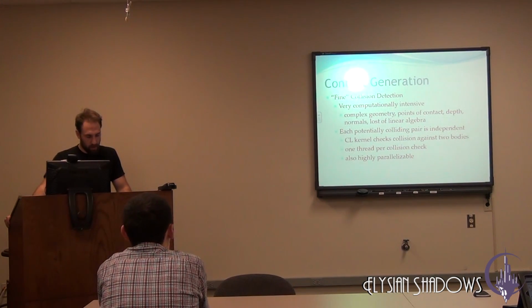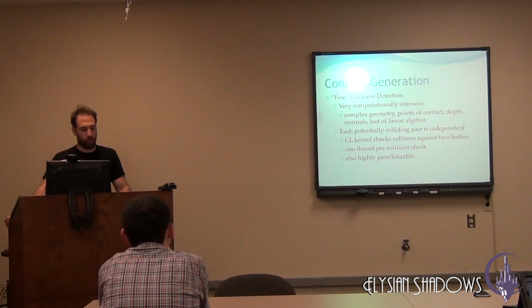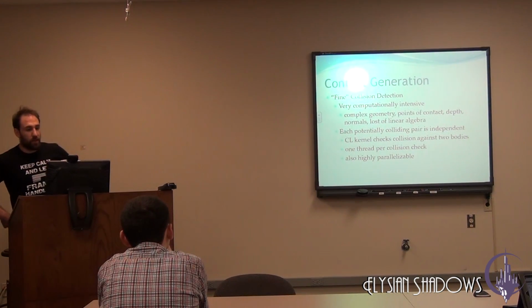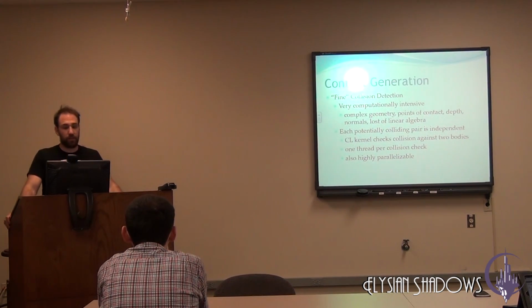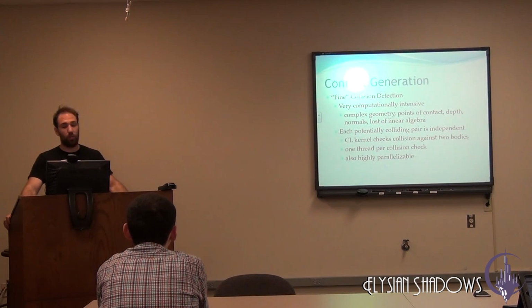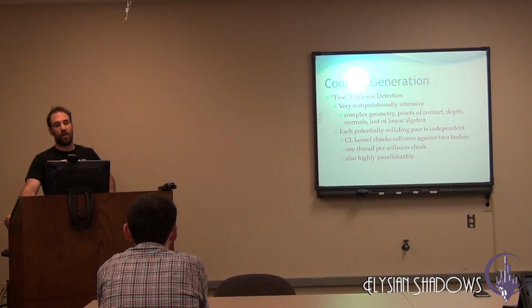Contact generation. This is a really good one actually on the GPU. This is also called fine collision detection. It's usually very computationally intensive, especially if you have a real rigid body physics engine, because then you actually have to know things like point of contact, depth, and normals, and there's a whole lot of linear algebra.